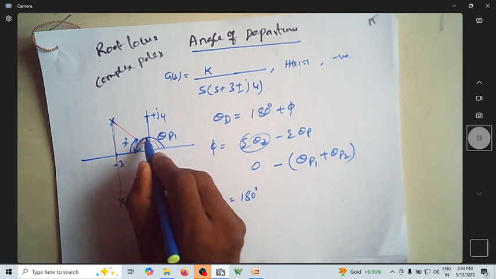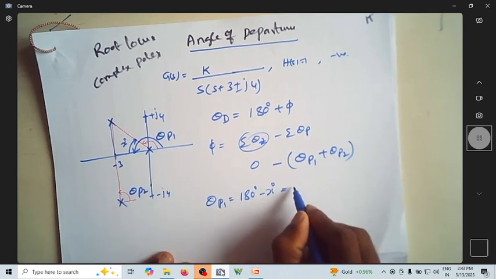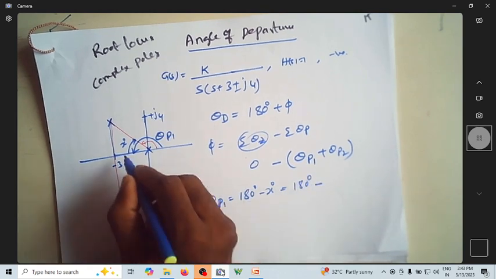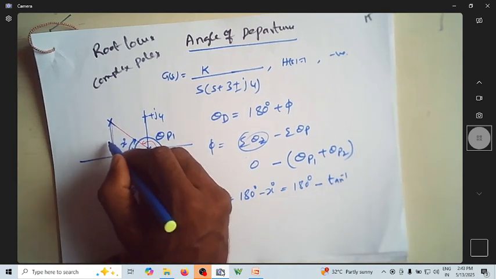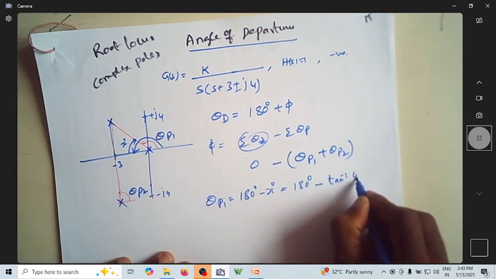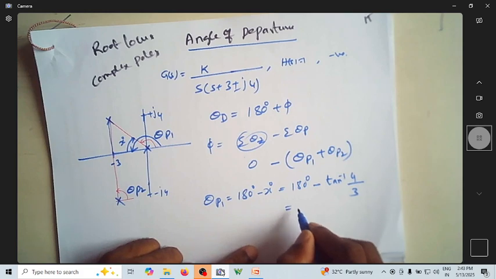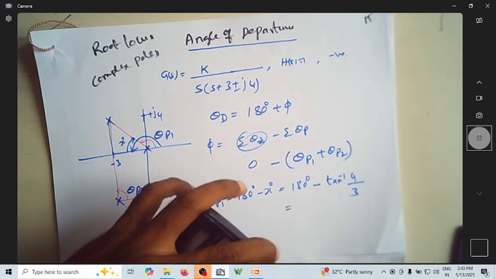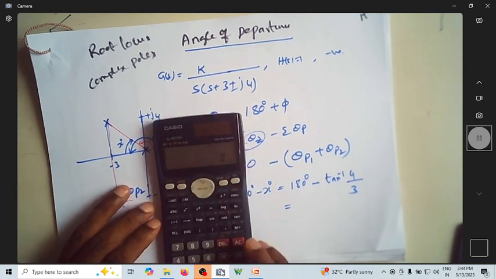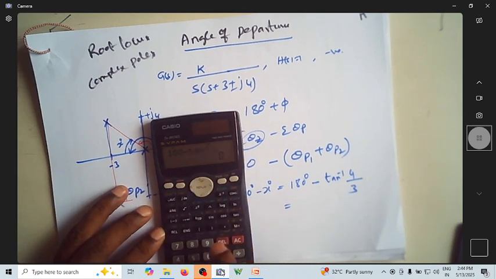So theta p1 is 180 degrees minus x degrees, which is 180 minus tan inverse of 4 by 3.